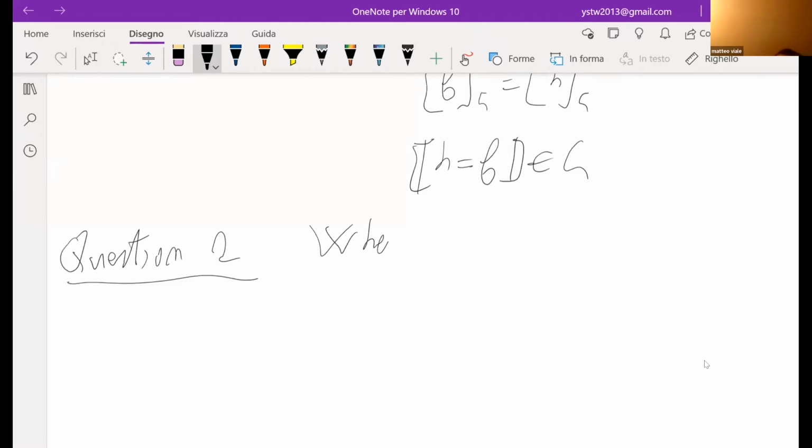When is F of B of M, sorry, I forgot how I defined the functor. Apologies.